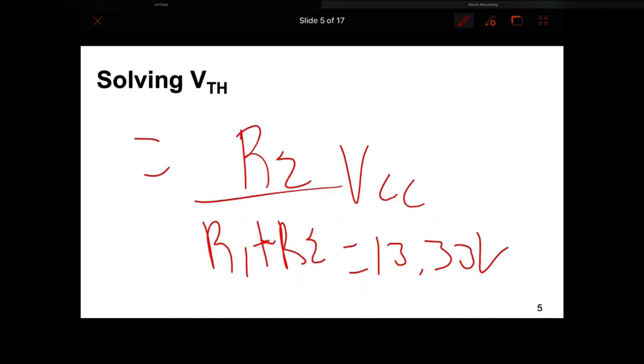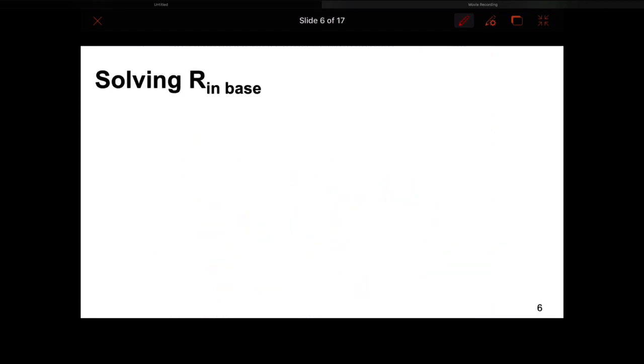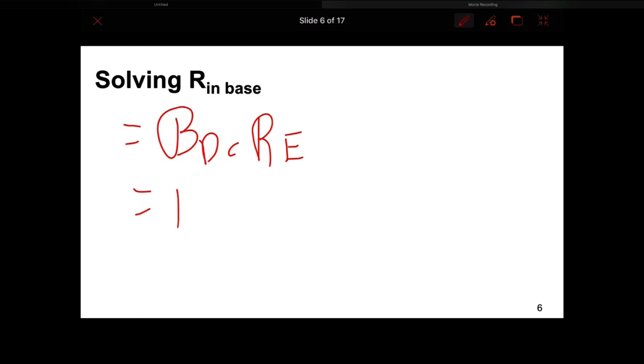All right, R in base, the DC resistance looking into the base of the transistor. So that's going to be beta DC times RE. Let's let that equal 120.